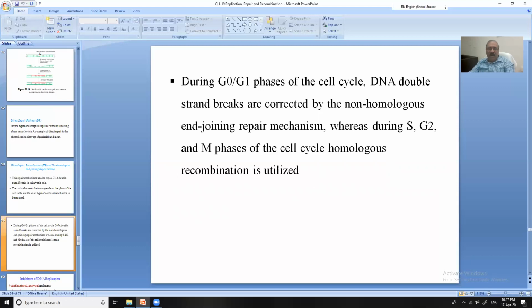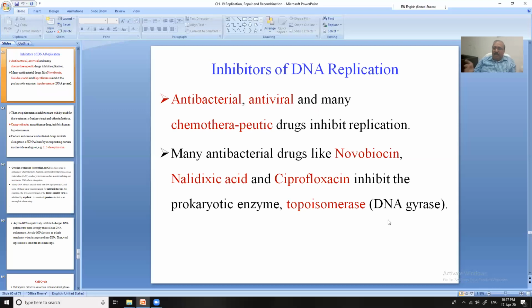I will tell you in detail later on. I will show you some slides after two or three slides, so you will understand what I am telling you about these phases of the cell cycle.